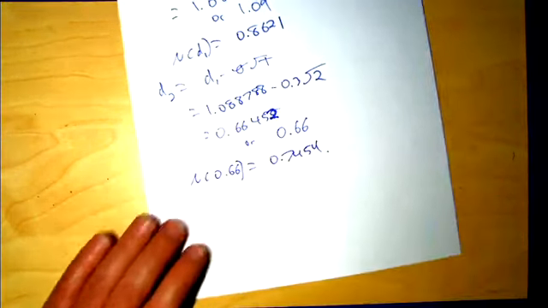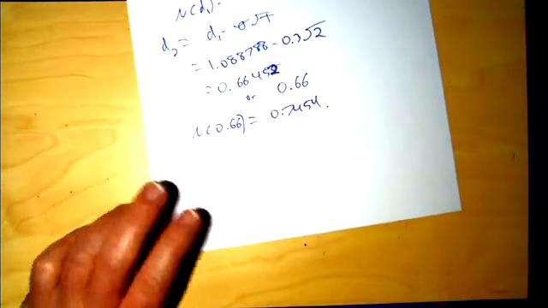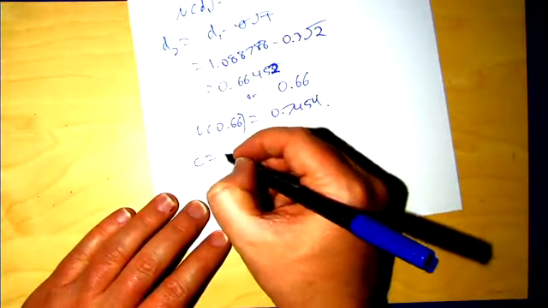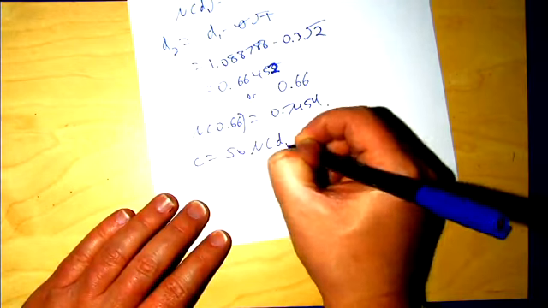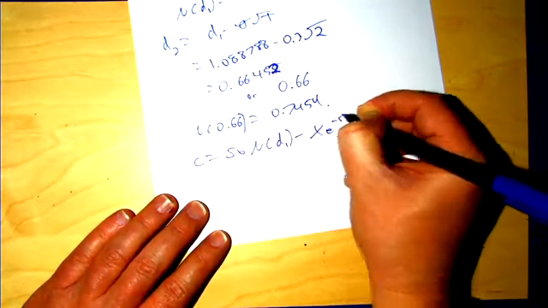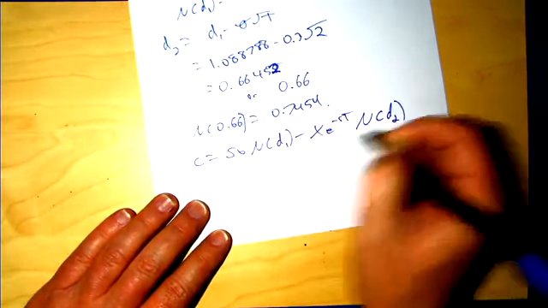And then I just straight away plug it into the call option premium formula, which is S0 times N(D1) minus X e to the negative RT times N(D2).